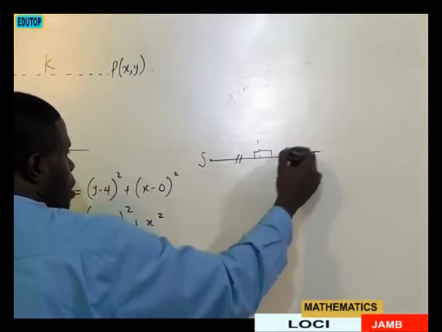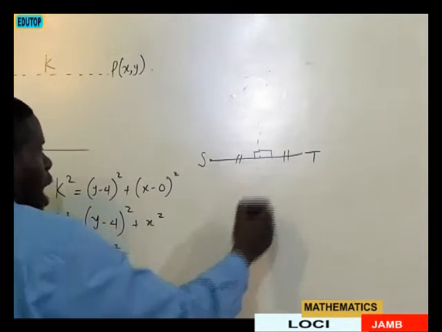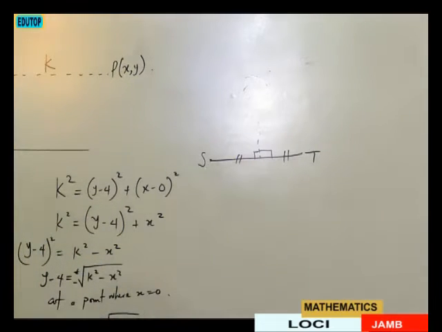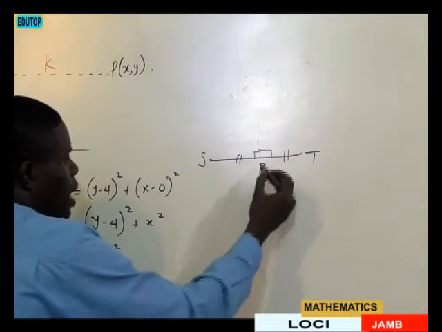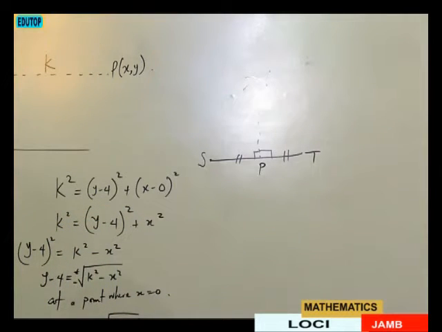So this will definitely be equal to this. And what is that according to the question? The locus of a point P, which is equidistant from two given points S and T, is... so that point is point P. So it will definitely be a bisector of the line.